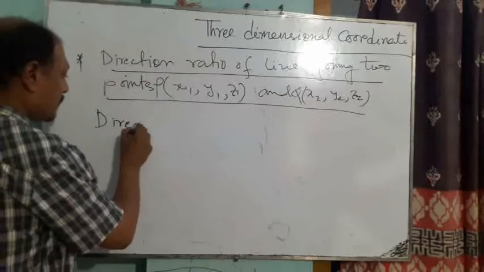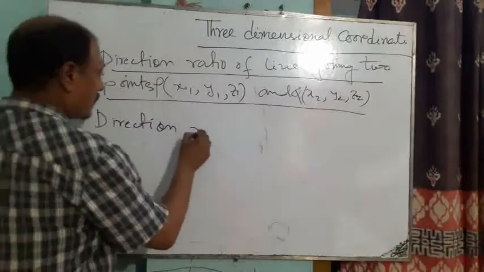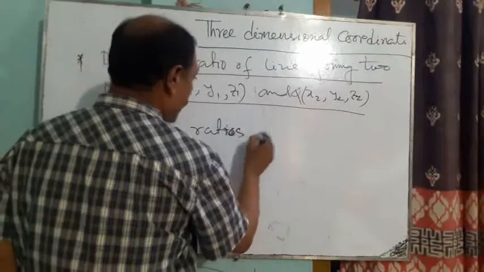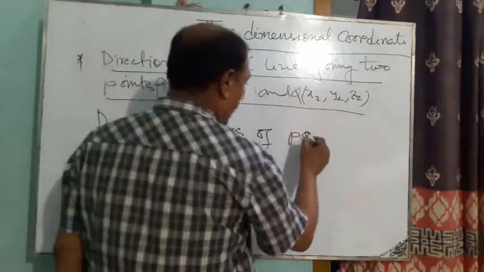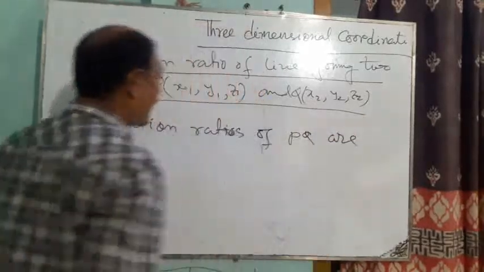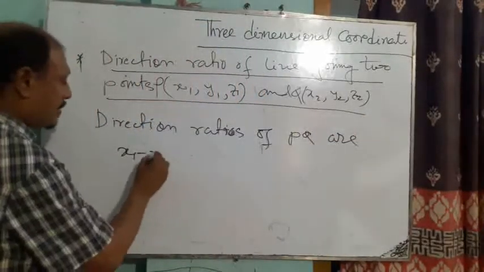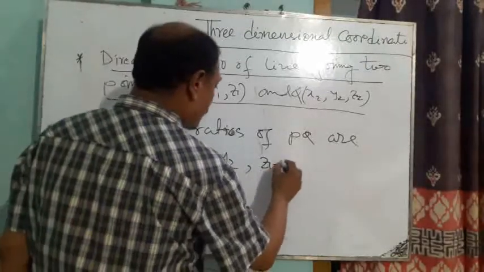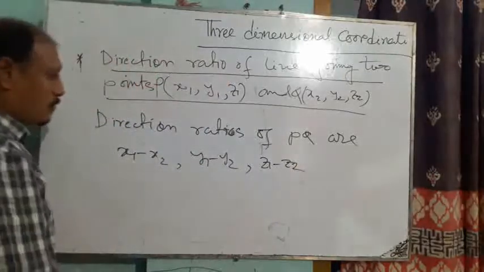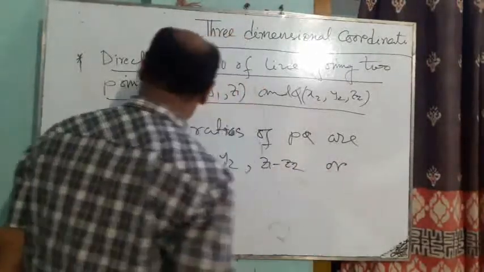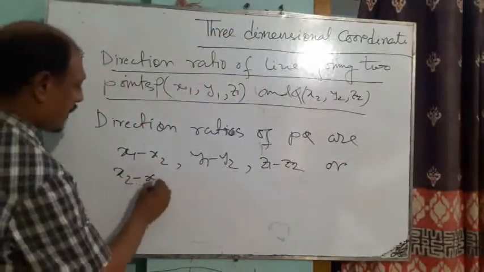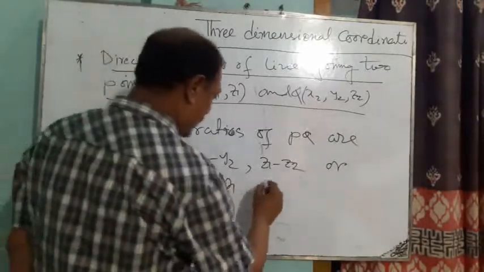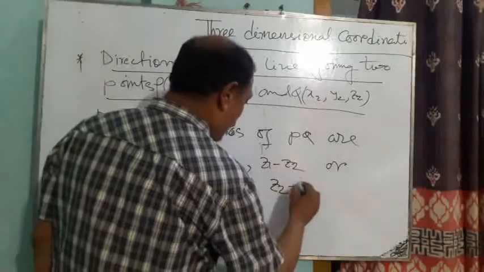Direction ratios of PQ are x1 minus x2, y1 minus y2, z1 minus z2, or x2 minus x1, y2 minus y1, z2 minus z1.